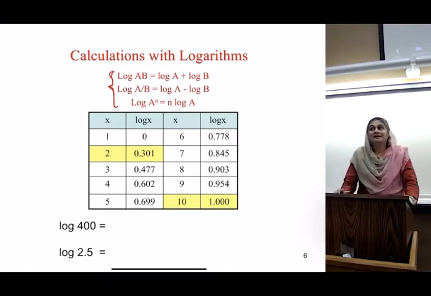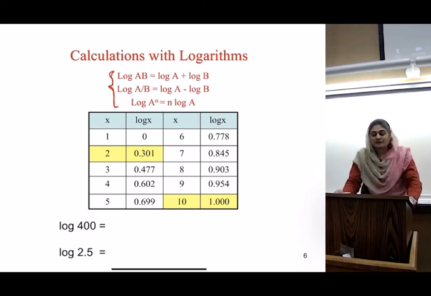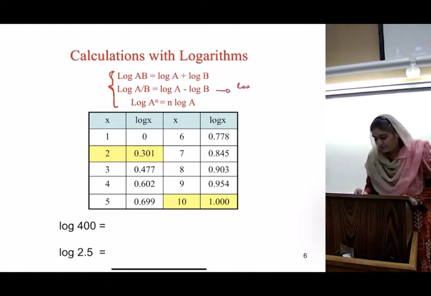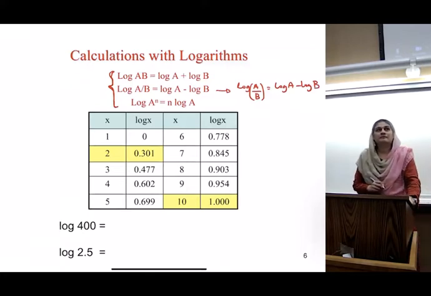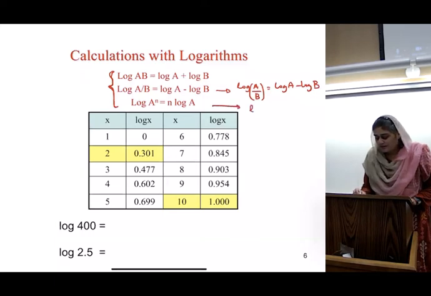If you have any A and any B, you can write log of A times B as log of A plus log of B. And log of A over B is log of A minus log of B. Even nicer is if you have log of A to the power n, I can write it as log of A.